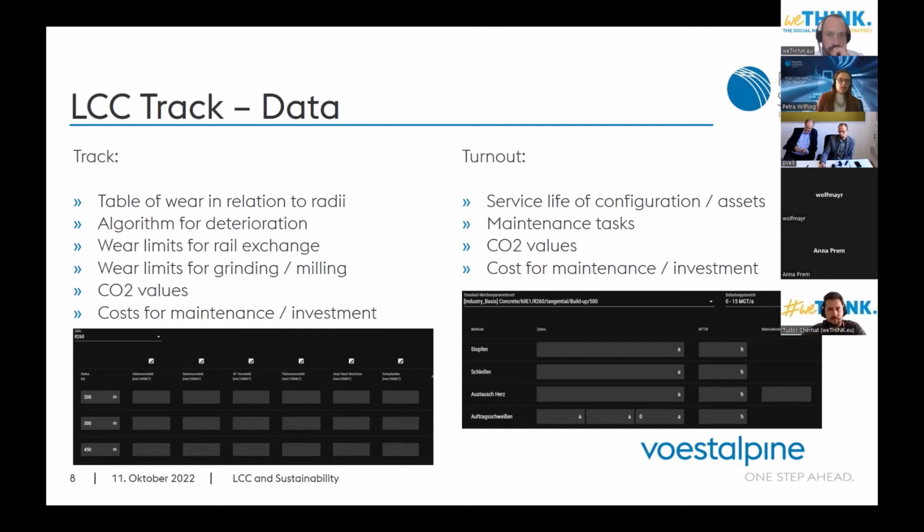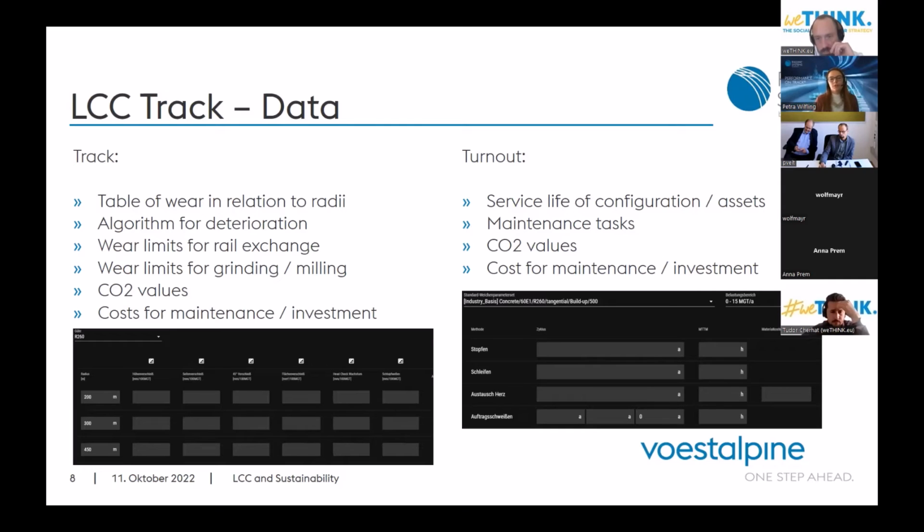And of course, we couldn't calculate life cycle costs if we did not have costs behind them. So we have also stored costs for maintenance and investment, and of course the CO2 values. For turnouts, we have in our database the service life of the configuration of the turnouts, including all maintenance tasks, like Stefan showed us before.